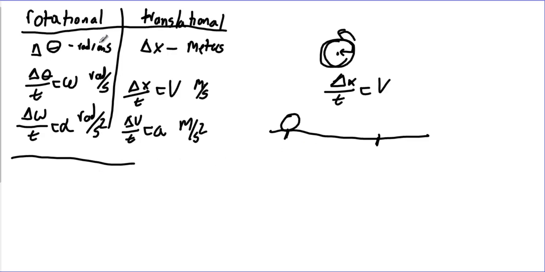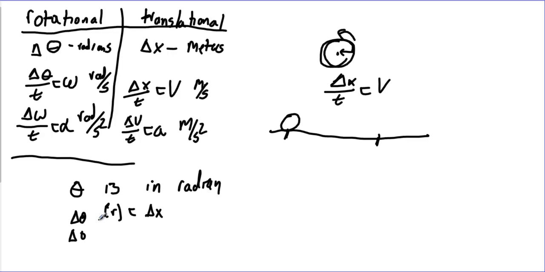And so as long as you're measuring angle in radians, if theta is in radians, then the relationship is really easy. Okay, delta theta times the radius is equal to delta x, and delta theta over time then is equal to omega.